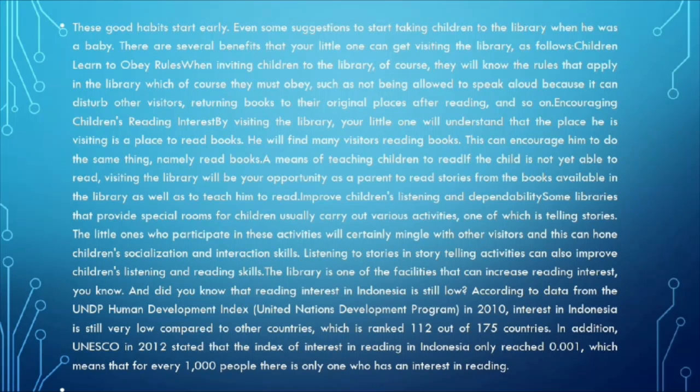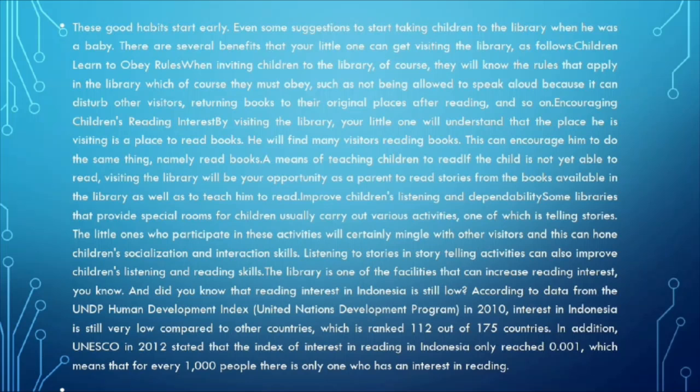According to Fanesha, children should be accustomed to visiting the library before entering school age. It is an important starting point for intellectual, academic and social inspiration for their generations. Reading books and literacy from an early age will make it easier for children to be interested in learning. Okay, number 1 is children can learn to obey rules.